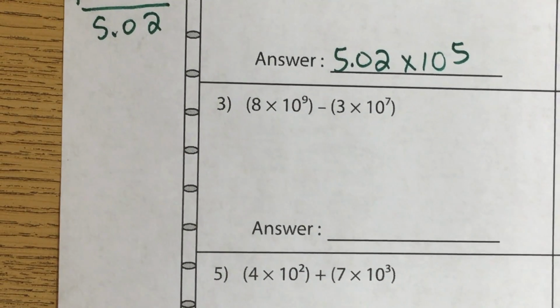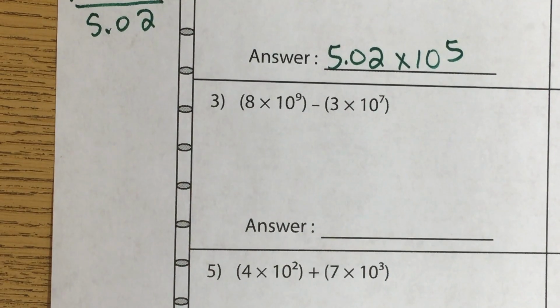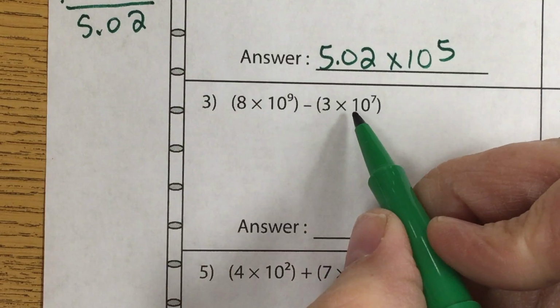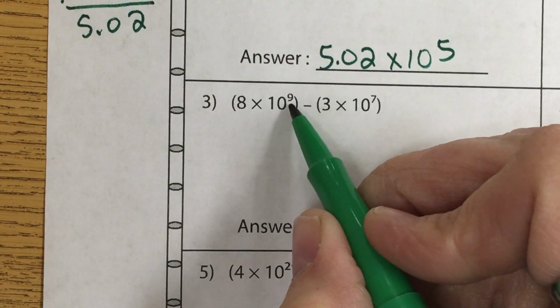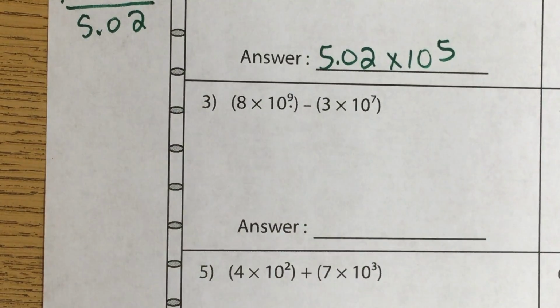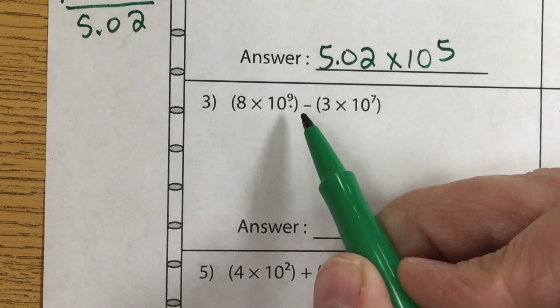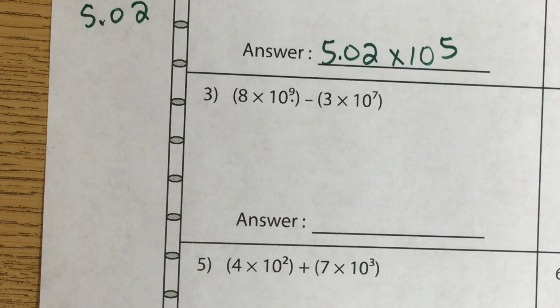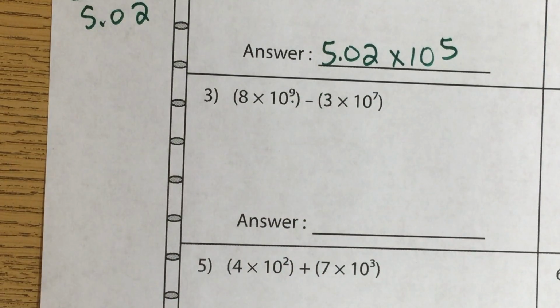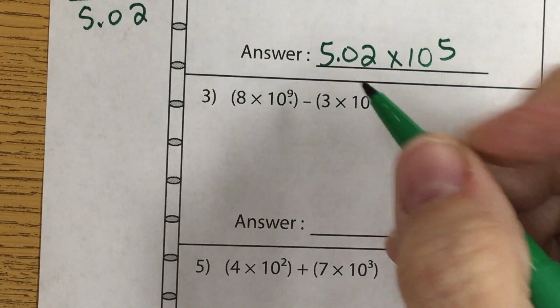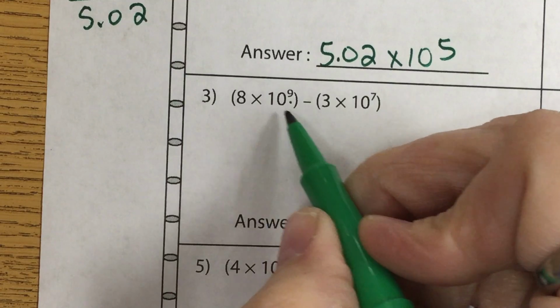Then I'm going to go to number 3. And right here, this one has 9, this one has 7. Now because this is subtraction, I need to make sure that I only change the first one, because we don't want to come out with a negative number because this number is bigger.